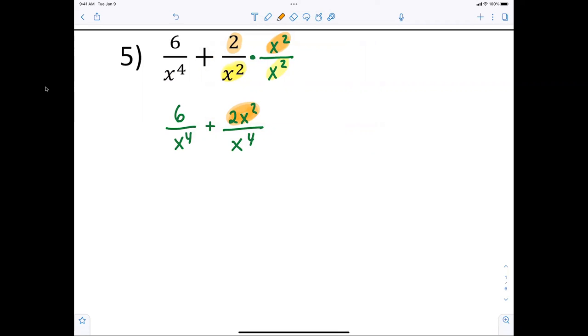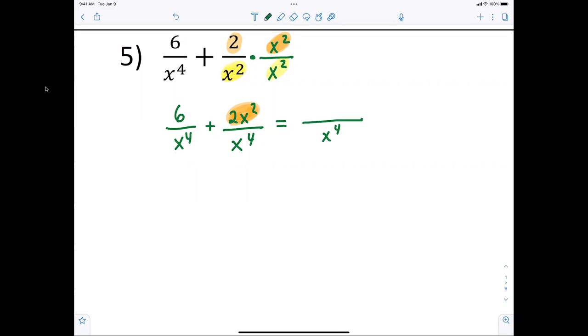Now do we have the same denominator? So now we just add them. So if I add them, what do I end up with? What do I get when I add the two fractions? Well, what's the denominator, obviously? x to the fourth. Now, come on, guys. You're telling me you're having trouble adding 6 and 2x squared together.